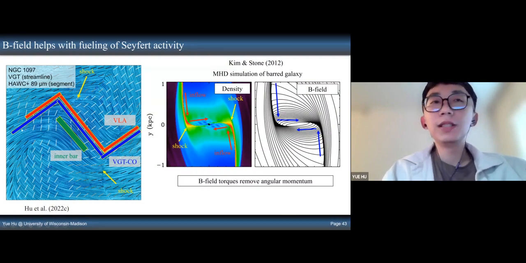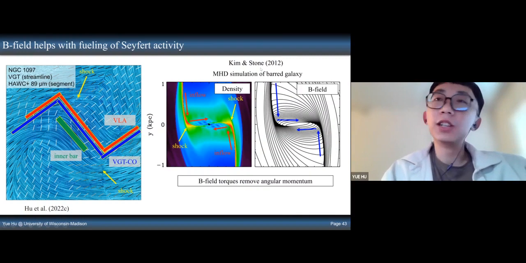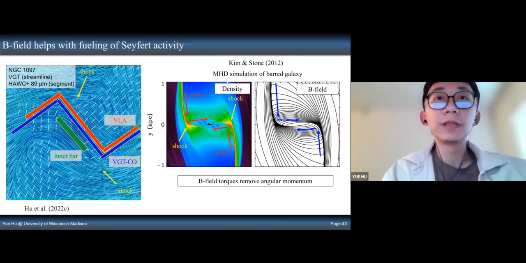In the outer region, we see the magnetic field orientation is following the spiral arm, and then it changes by almost 90 degrees and follows the inner bar. And that's exactly what Kim and James Stone were seeing in the numerical simulation. And this confirms the magnetic field is important in removing the angular momentum and fueling the galactic nuclei.